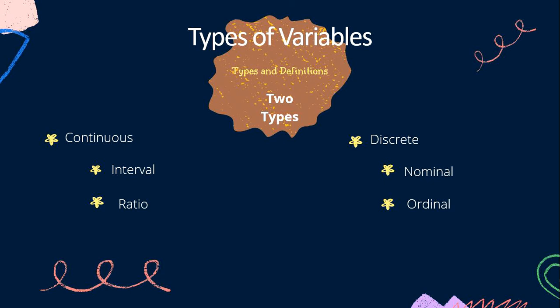These are variables where distances between the categories are identical, and there is an absolute zero, and it has meaning. For example, your score on an achievement test, diba, there is a value on zero. Pag zero ang nakuha mo sa exam, may ibig sabihin yon. There is an importance. Zero has its importance. Pero pag sa interval, hindi mahalaga ang zero. Interval lang siya.